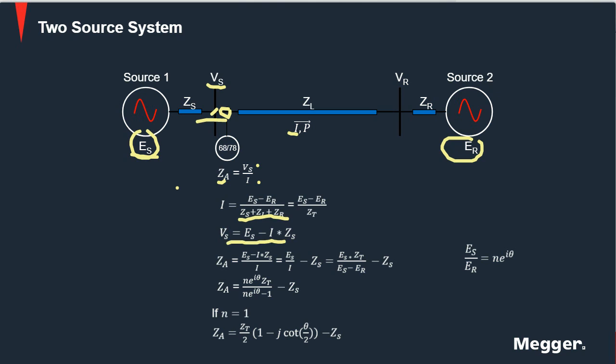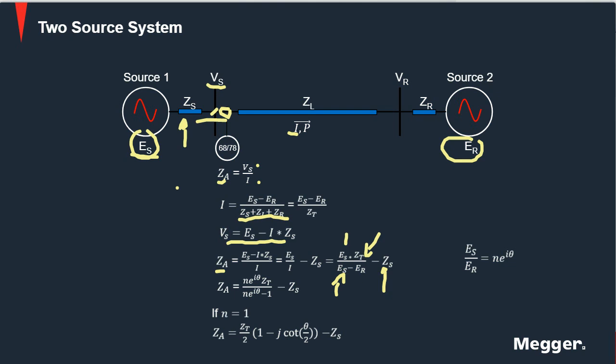So when I divide them, I get to this equation where I have the impedance represented as a function of the voltages on both sources, the total impedance of the system, and the impedance of the sending end, or this source that I have here represented as source 1.